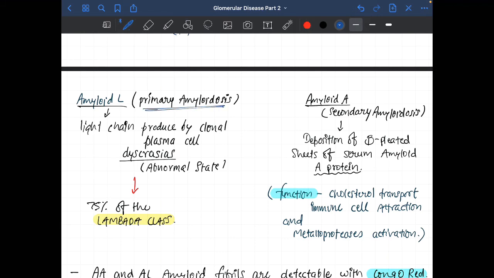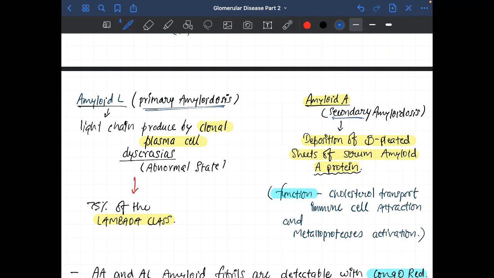This is primary amyloidosis, with light chain produced by a clonal plasma cell dyscrasia, an abnormal state. If there is an abnormal state of the clonal plasma cells, take note, clonal plasma cells, that will lead to amyloid L, whereas deposition of the beta-pleated sheets of serum amyloid A protein will cause amyloid A. So this is primary, this is secondary.